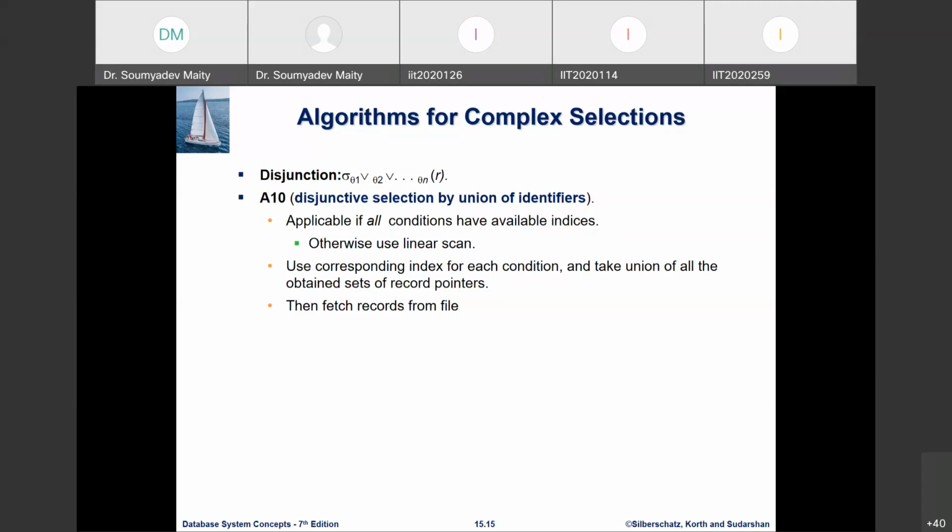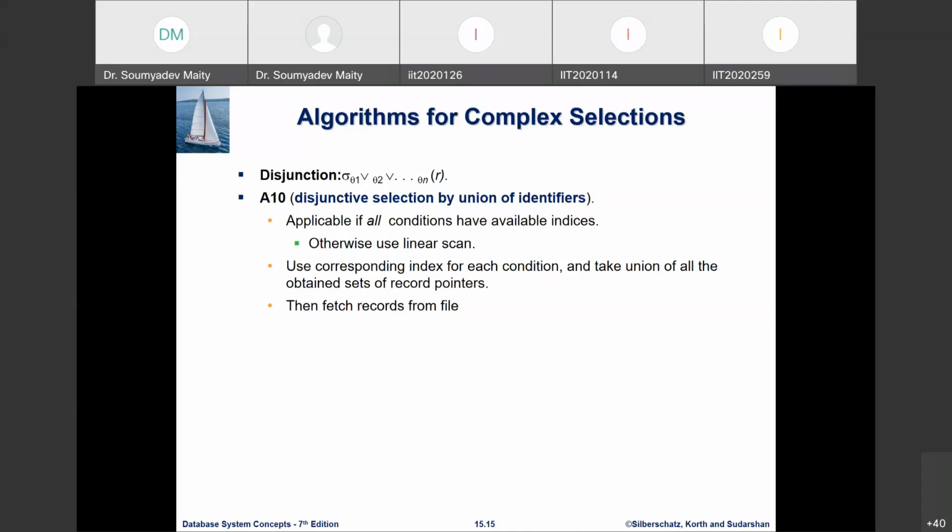Then can we apply this union technique to calculate the disjunction? No. Why? Because those records satisfying that condition, you cannot retrieve using the index search. You have to retrieve those records only by linear search. Now, if you're already doing a linear search on the file, then there is no need to do anything else to check the other conditions. If you're doing a linear search, then check all the conditions at that time only.